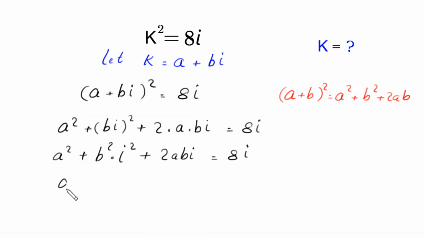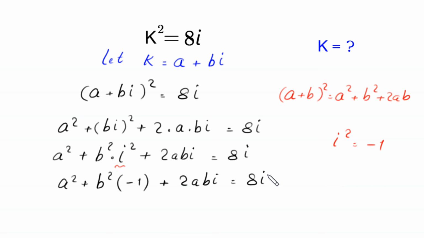Next, a squared plus b squared times this i squared, i squared is equal to -1. So we replace this i squared with -1, plus 2abi is equal to 8i.